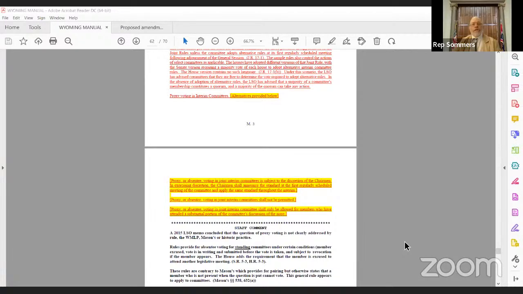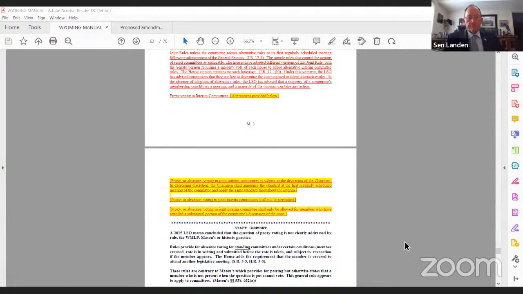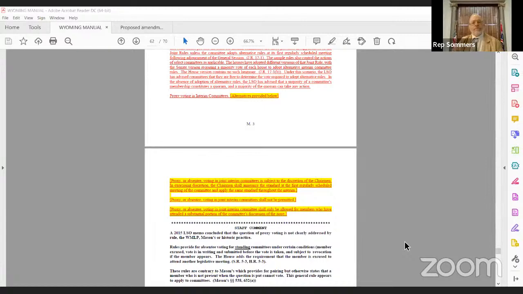Yeah, Senator Landon, we'll let staff do cleanup. It might say proxy and absentee voting because we will actually have a section that proxy is not allowed. But we'll let them do cleanup on that. So all those in favor of this motion signify by raising your hand. Motion carries.